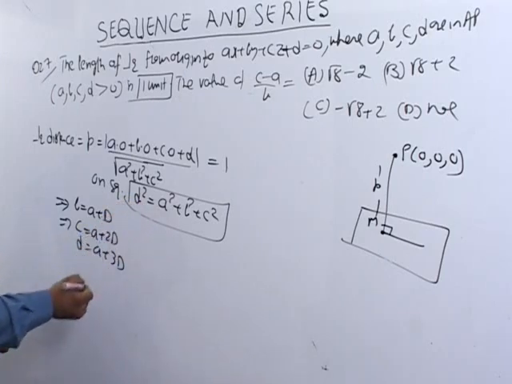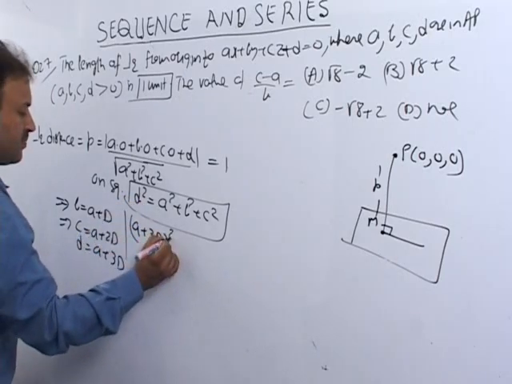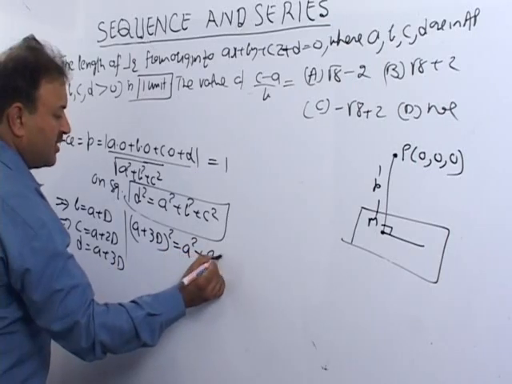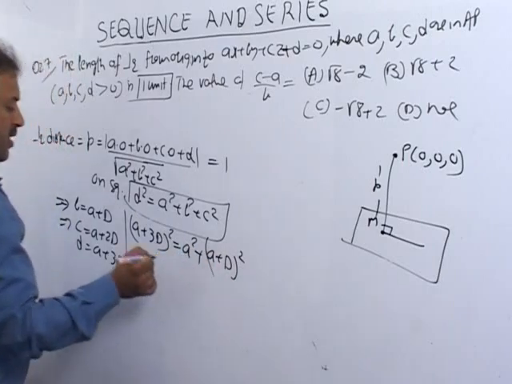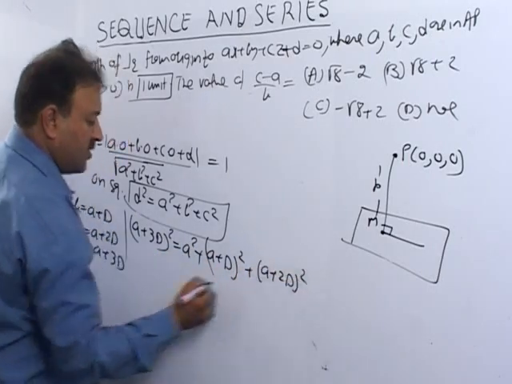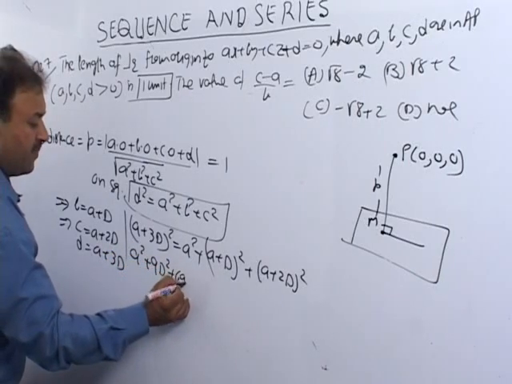Now I am substituting these values over here. I got A plus 3d the whole square; this is D square. B square is A plus d the whole square. C square is A plus 2d the whole square. Open it: A square plus 9d square plus 6Ad.